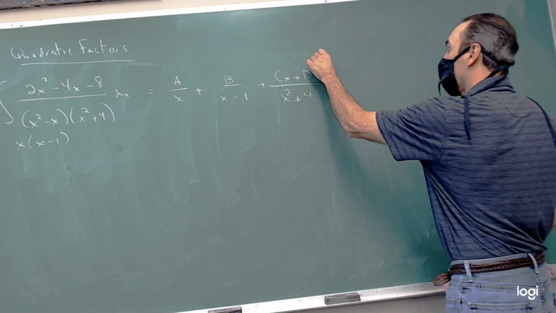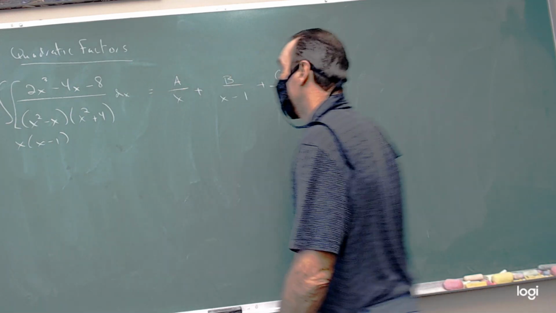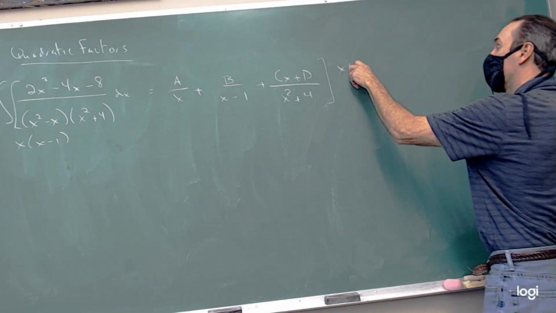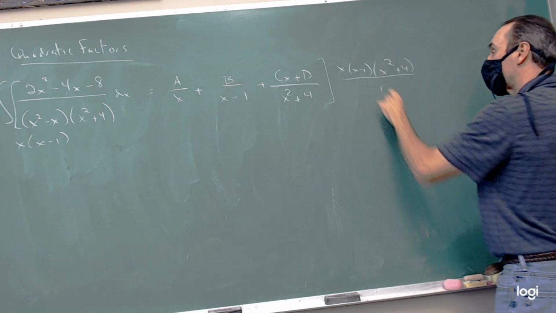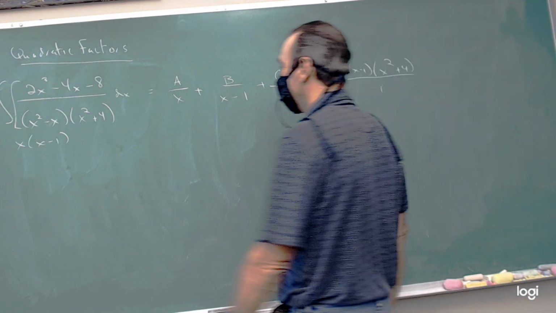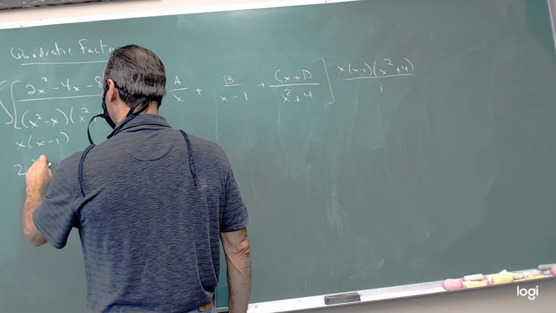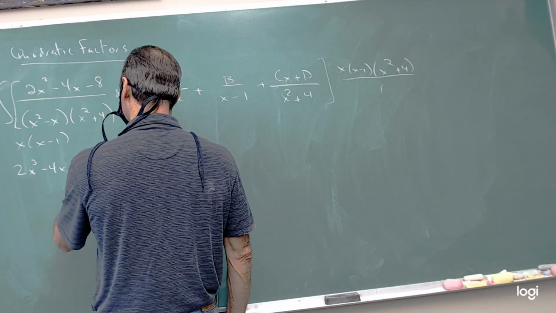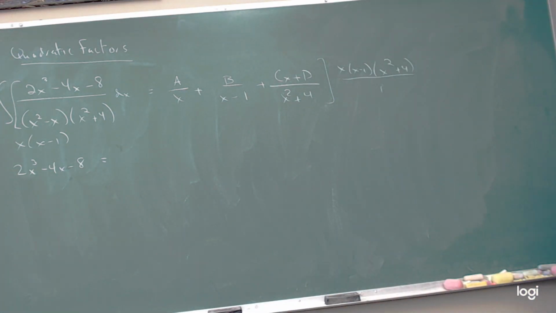All right, so we're going to multiply through by that least common denominator, which is going to be x, x minus 1, and x squared plus 4. Remember doing this? Maybe these were the good old days. So we're going to get 2x cubed minus 4x minus 8 on the left side, because that'll wipe out that entire denominator in our integral.